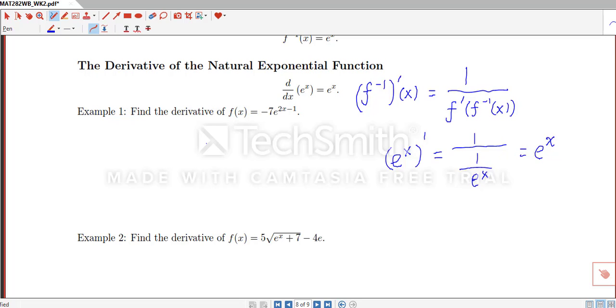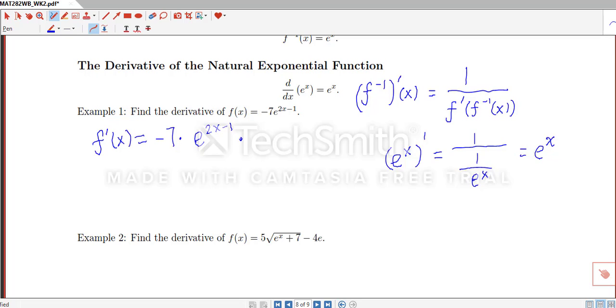Based on this formula, let's take a look at exercise number 1. How do we apply this formula to take the derivative? f of x equals -7 times e to the 2x minus 1 power. So f prime of x, according to the constant multiple rule, we factor out the -7 times chain rule, e to the 2x minus 1 is its own derivative.